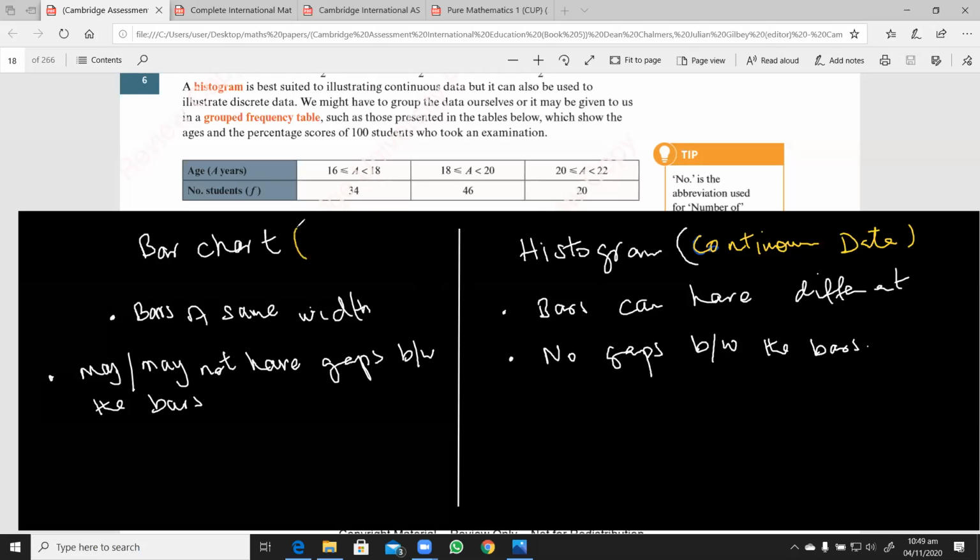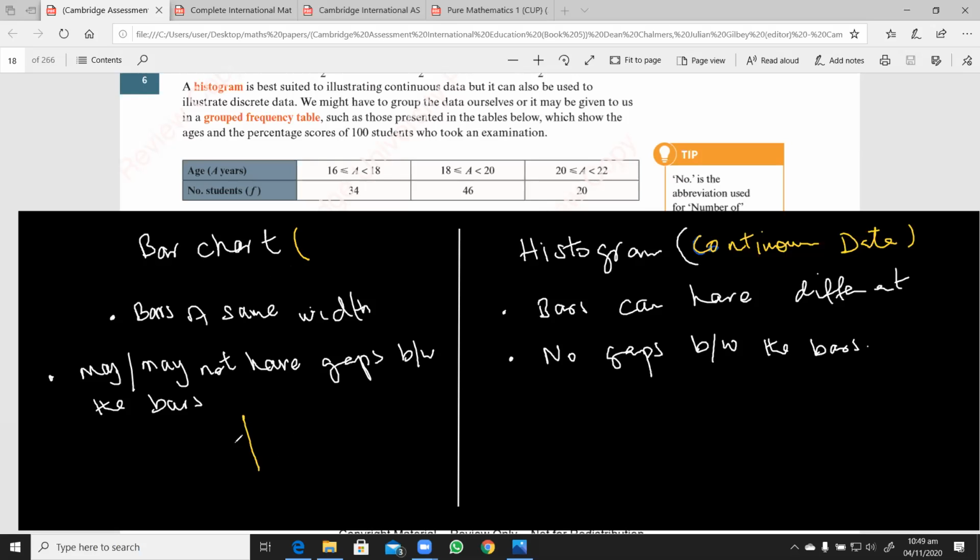While the bar chart is mainly used, before we go into the discussion of continuous and discrete data, there is another type of data called qualitative data and quantitative data, okay? Qualitative data can be like asking different students what their favorite colors are, and on the basis of that you can draw a bar chart.